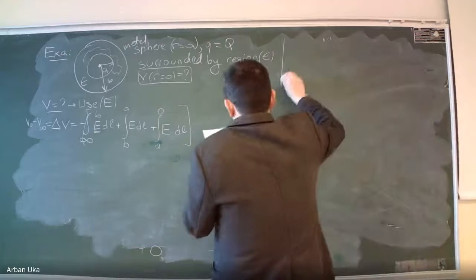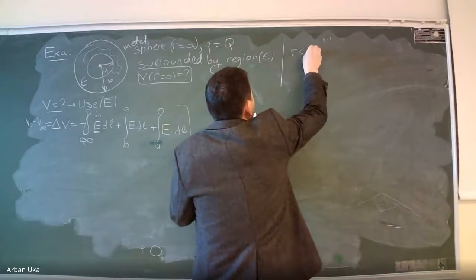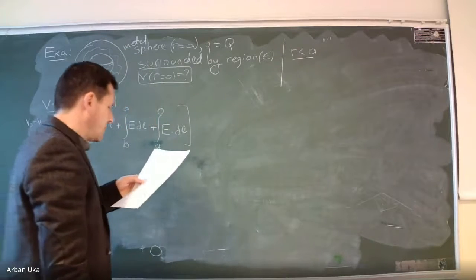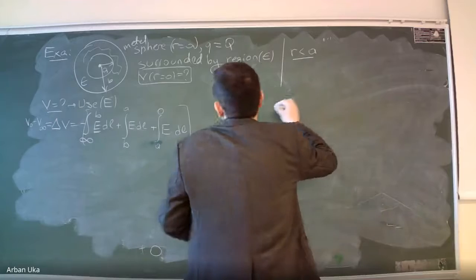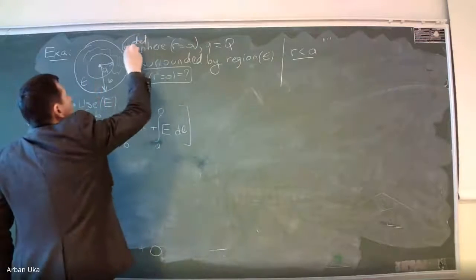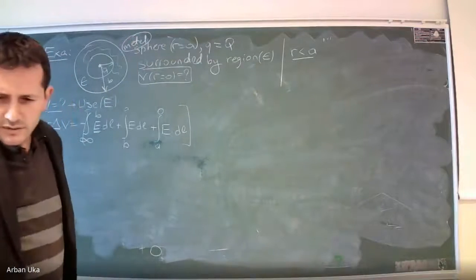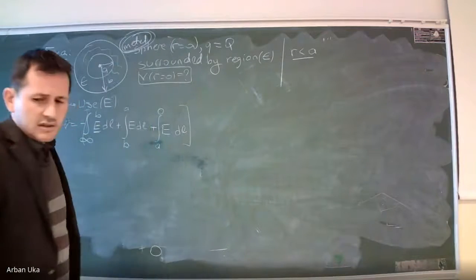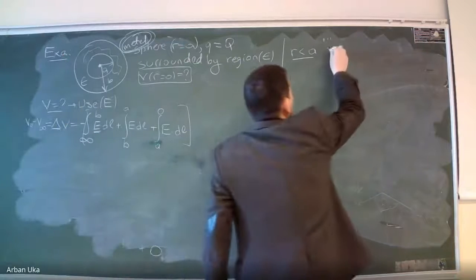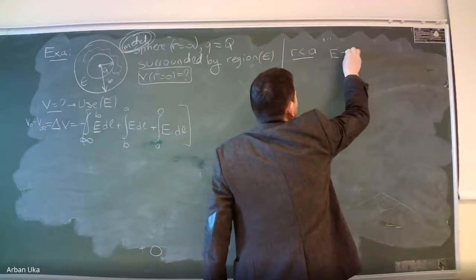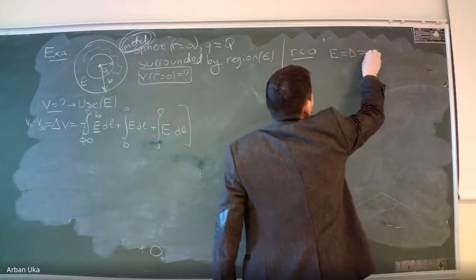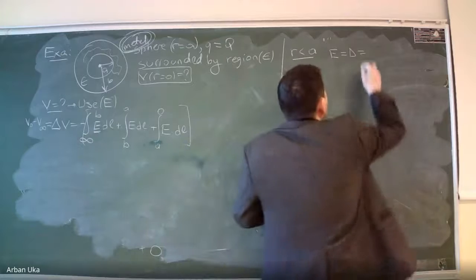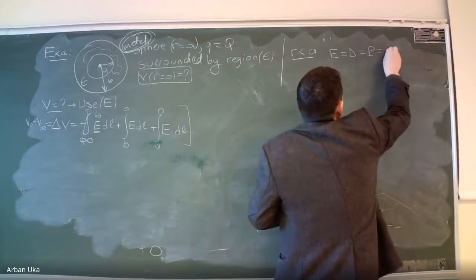Let's try to use Gauss's law. Initially, let's analyze the region where R is smaller than A. If R is smaller than A, that means that we are inside this metal. Inside the conductor, the electric field is equal to 0. The electric field intensity, the electric flux density, and the polarization inside the metal are all 0.